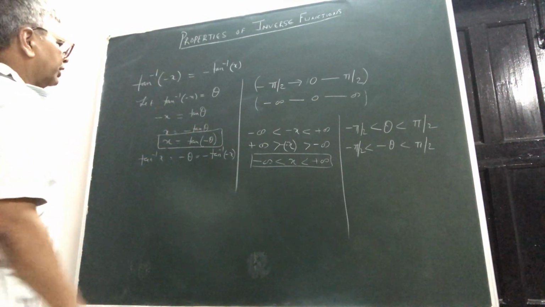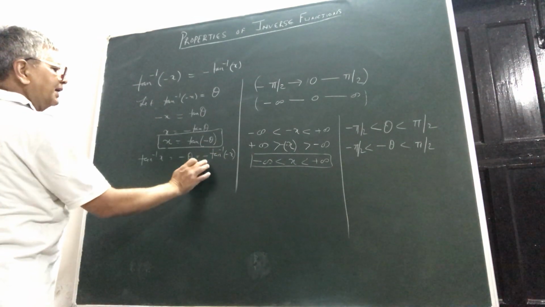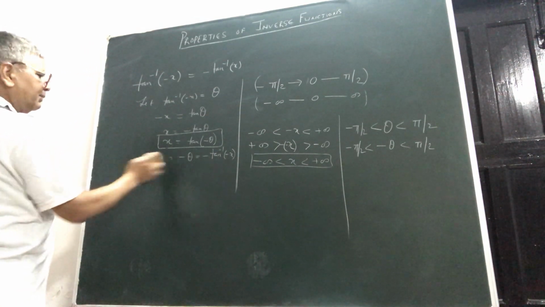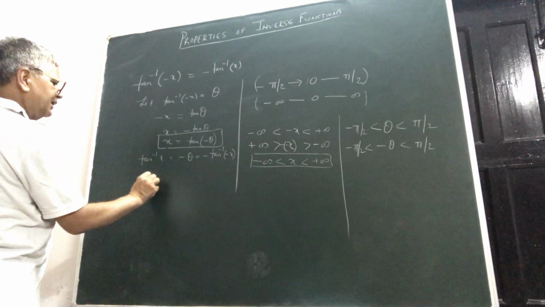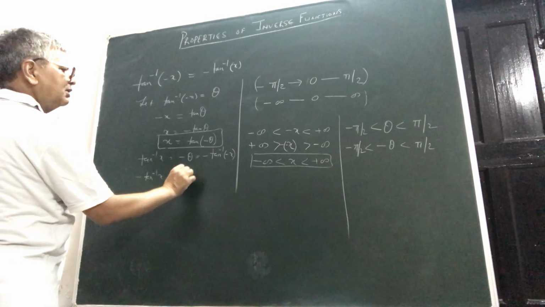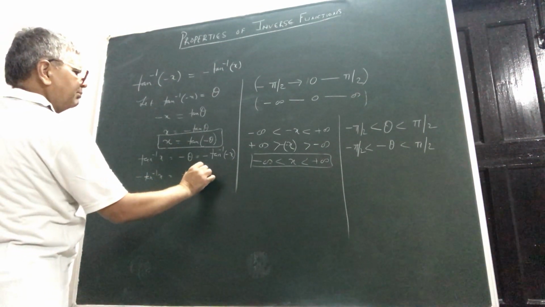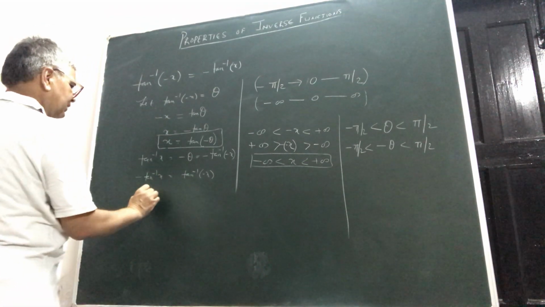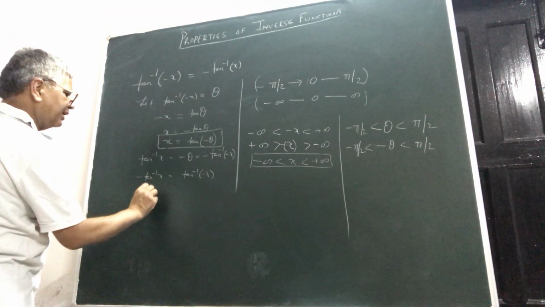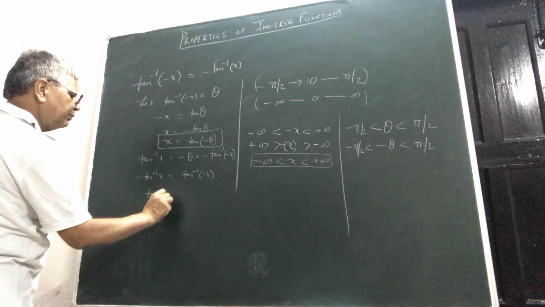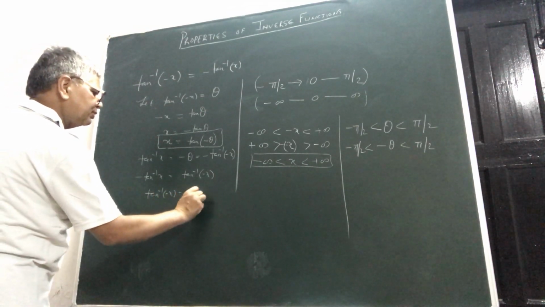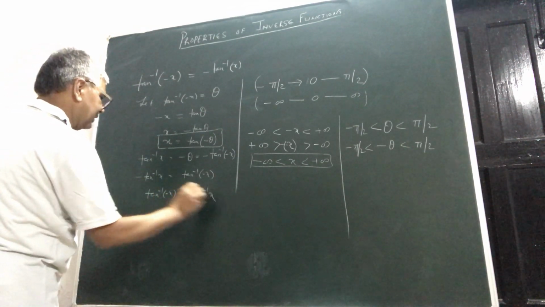So multiply with minus 1. So you will get minus tan inverse x is equal to tan inverse minus x. So this thing you write first, this thing you write later on, you get the proof of your property. So it is easy to see, there was hardly anything difficult in it.